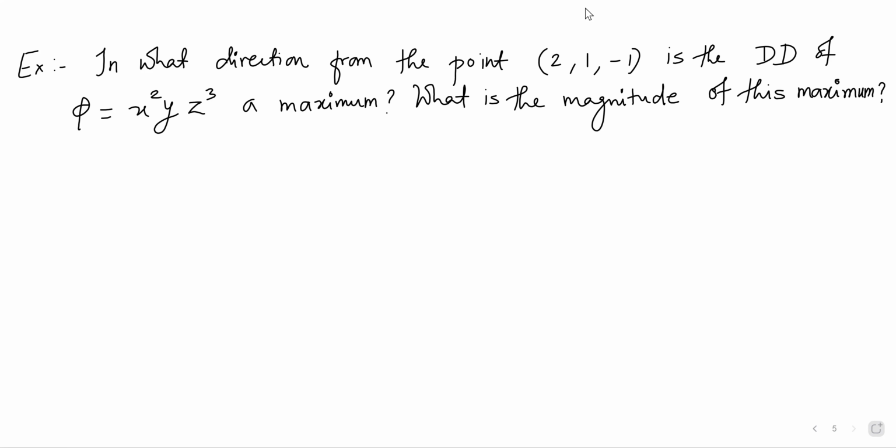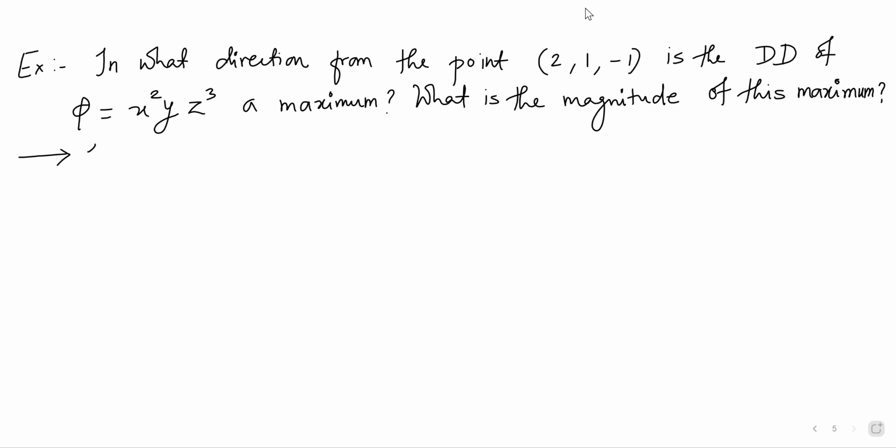So what we have to do in this case is just calculate the direction. Just now I told you that del phi at the given point is nothing but the maximum direction vector, and the magnitude you can calculate by taking the mod of del phi.